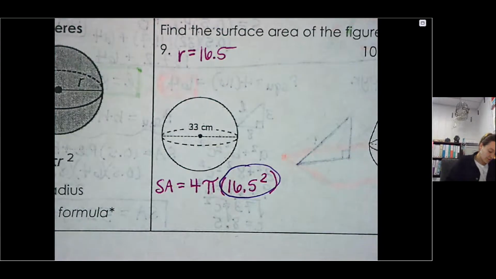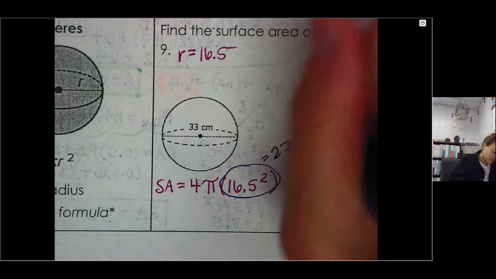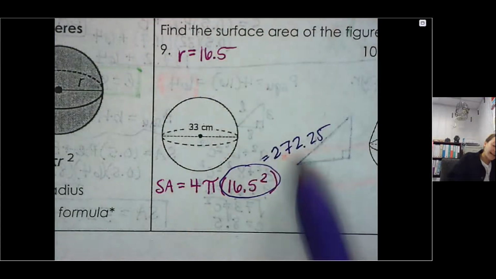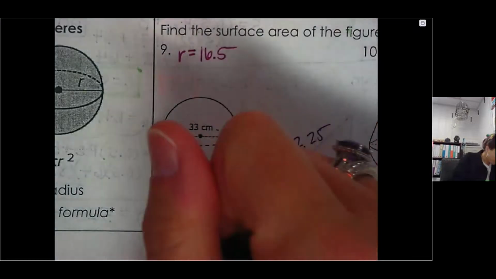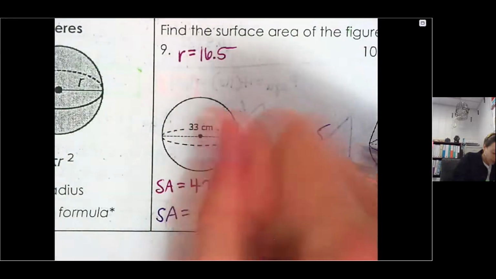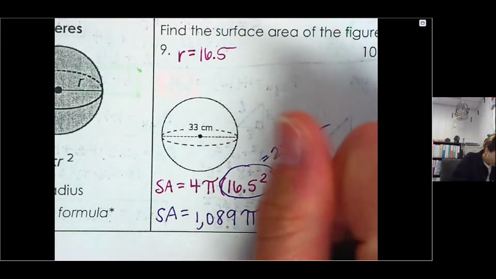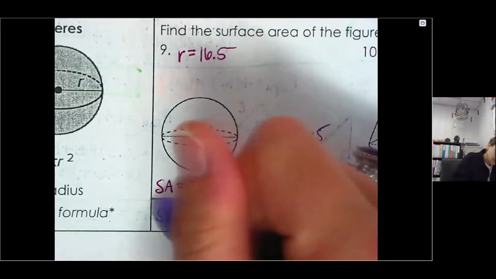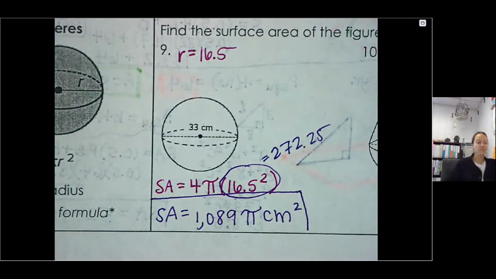Always make sure you're doing exponents first, following order of operations. That's 272.25. I multiply it times 4. I get my area is 1089 pi centimeters squared. And so I love spheres, they are so easy.